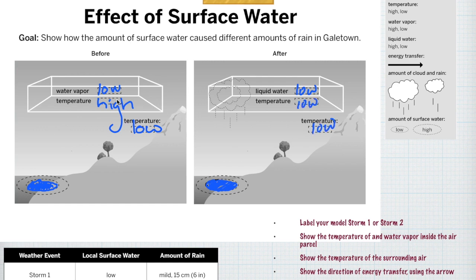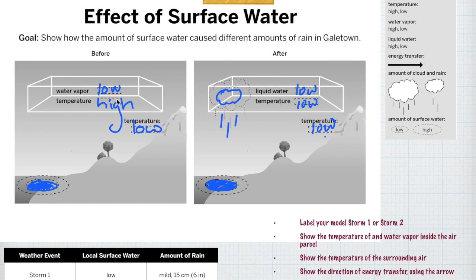So if the outside temperature was low in the beginning, it's going to be low on the outside, and also everything is going to come to one amount. And it's going to be a small rain cloud, right? Because we didn't have that much water. So low amount of surface water would mean low amount of rain cloud water, because there can't be more than what we started with.